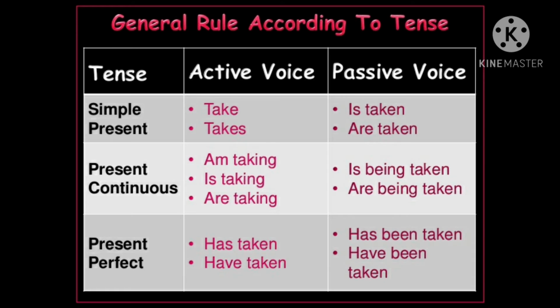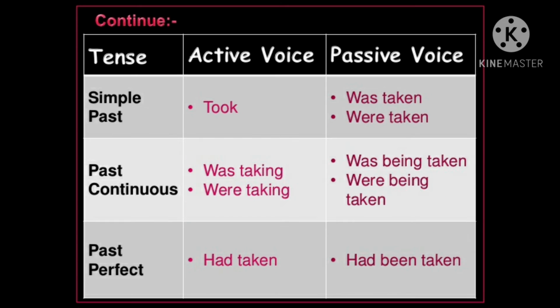So it will be changed into has or have plus been plus v3. So in the next, we will see simple past. Took. It will be changed into was or were plus v3, which means taken.